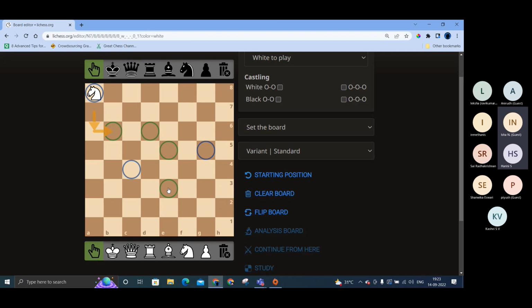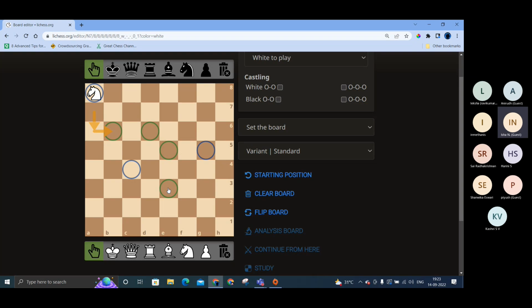If you just think of landing squares, I think you will be able to tell it easily. It only seems difficult, but it's easy. So which square will you pick, Shanvika? E6, E5.